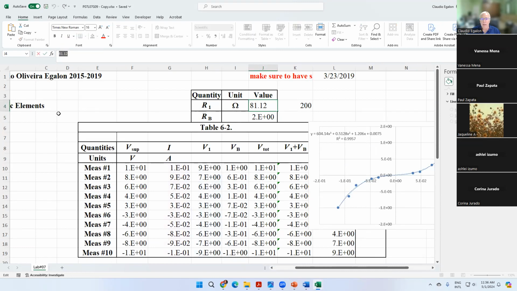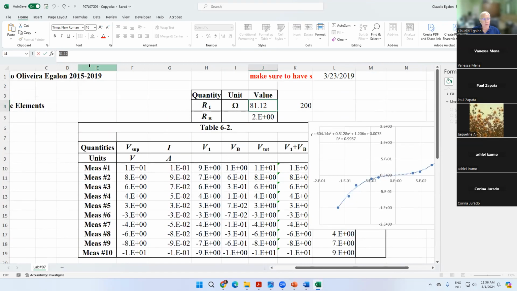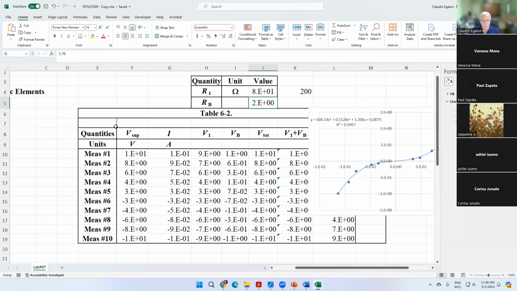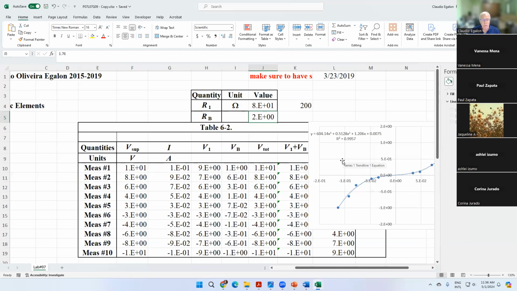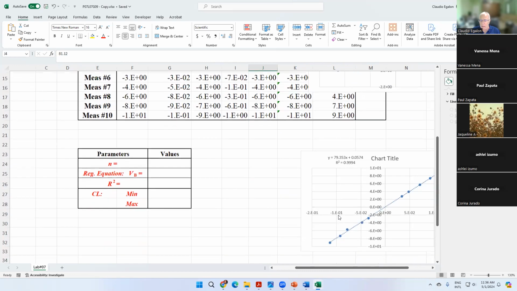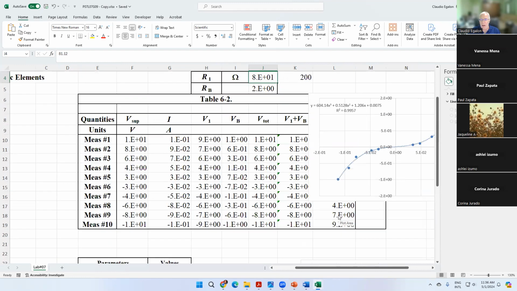Jacqueline, here I'm having 81.12, and the slope that I'm getting is 75.353. It's a little bit more than 2% of difference. Check if you get something like that.